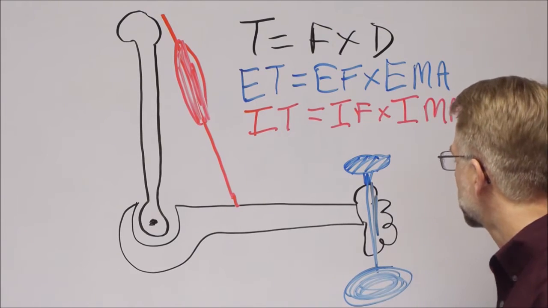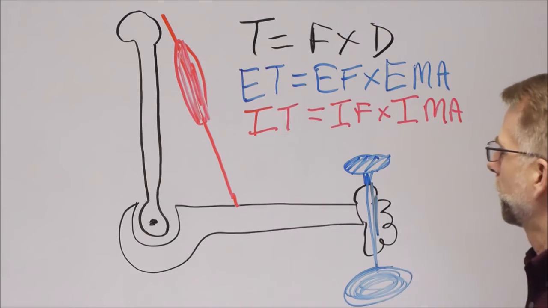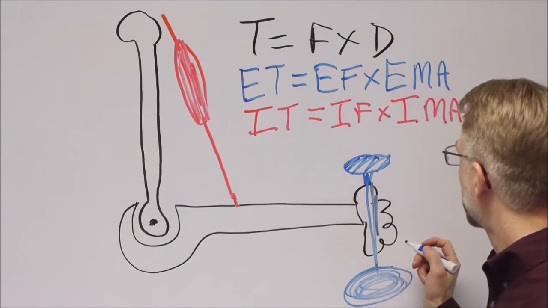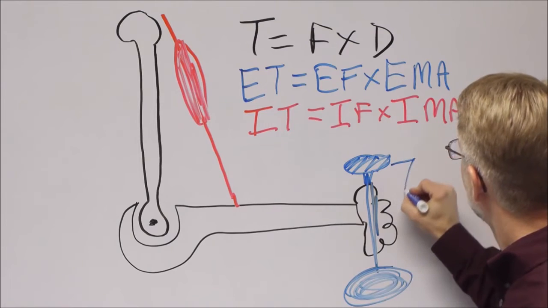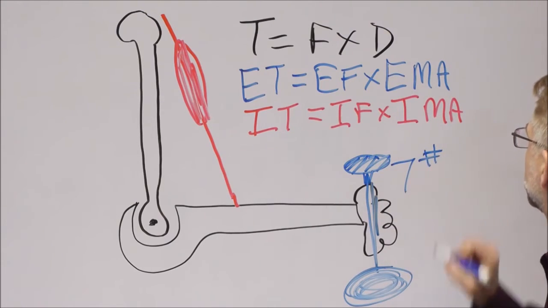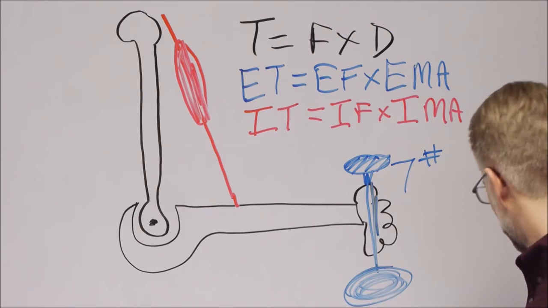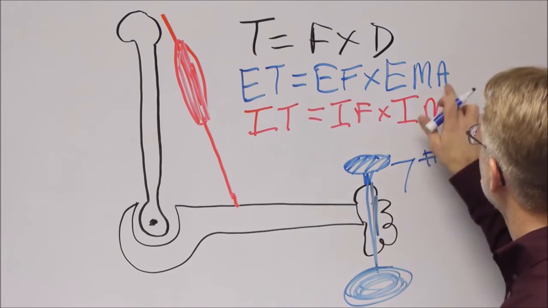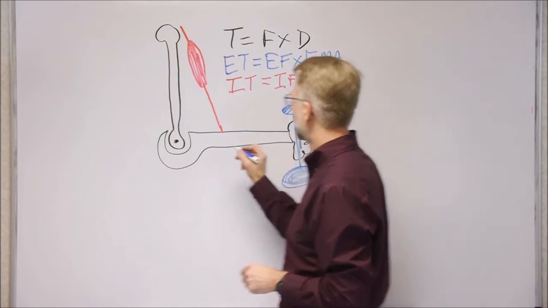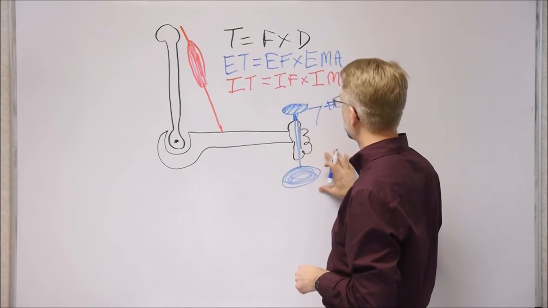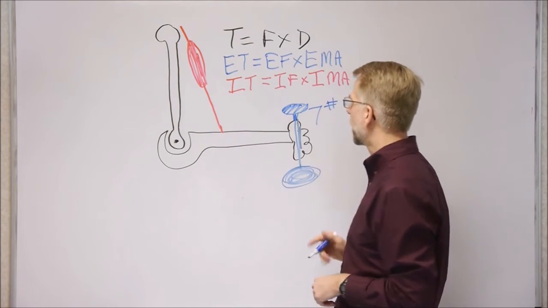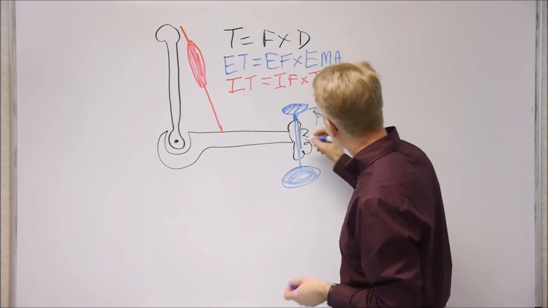So let's look at the external torque first. For the external torque, let's just say this is a 7-pound weight. And then for the distance, for the external moment arm, we have to draw a line that is perpendicular to the force vector for this 7-pound weight to the axis. Well, the force vector is pretty easy.